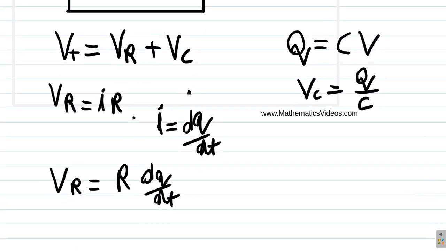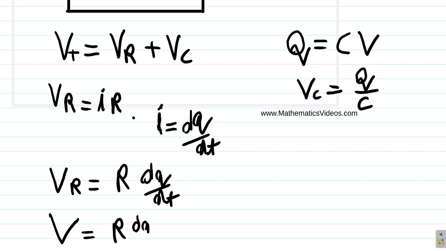Now, let's put these together. V, the applied voltage, is equal to R dq by dt plus Q over C. Alright?